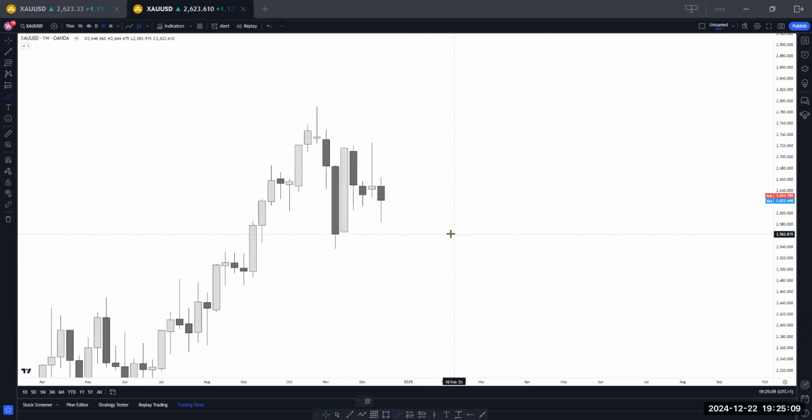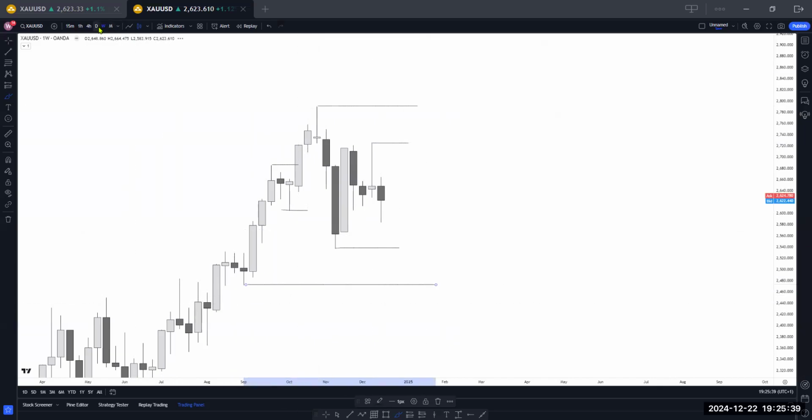Major liquidity can be the previous week's high or low, previous daily high or low, previous month's high or low, or any liquidity level that you can conveniently see on these time frames. This is a liquidity level that was taken upside. This is also a liquidity level, and this is also one over here.